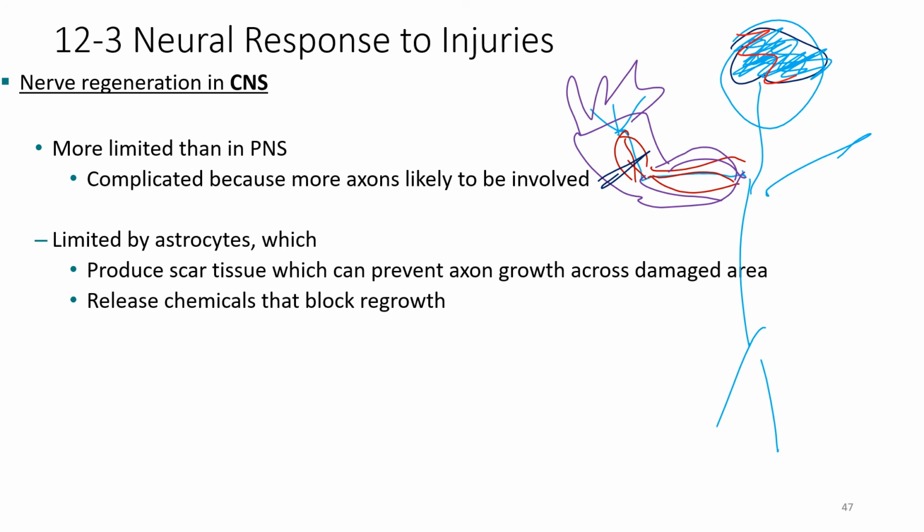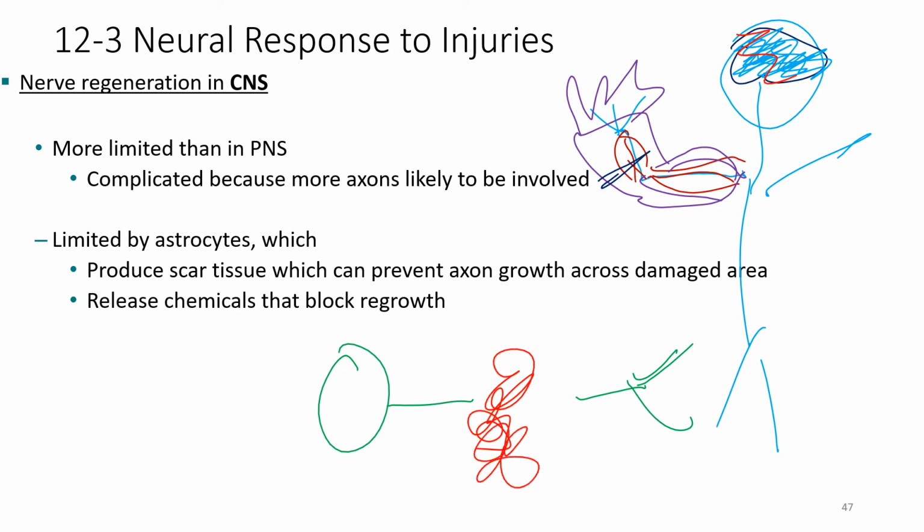So if we had a neuron that had some damage to it, and we had this gap here, our astrocytes might produce scar tissue, and that prohibits that neuron from growing back together. The astrocytes also release chemicals that can block regrowth, unfortunately.